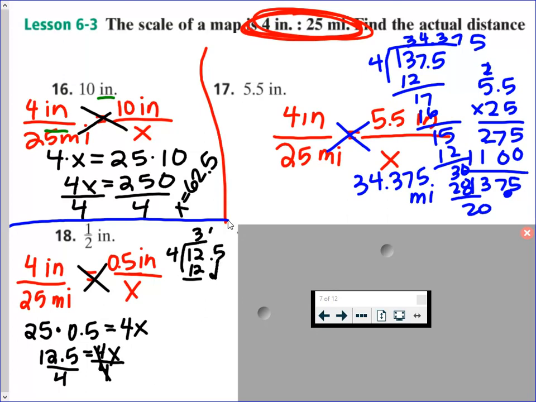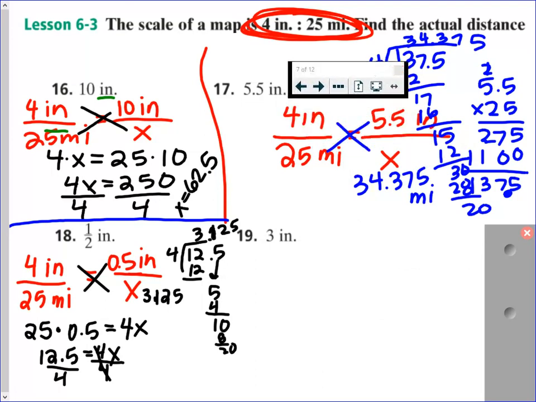I don't know. 0.125. Do you know what 0.125 is like? 1/8.